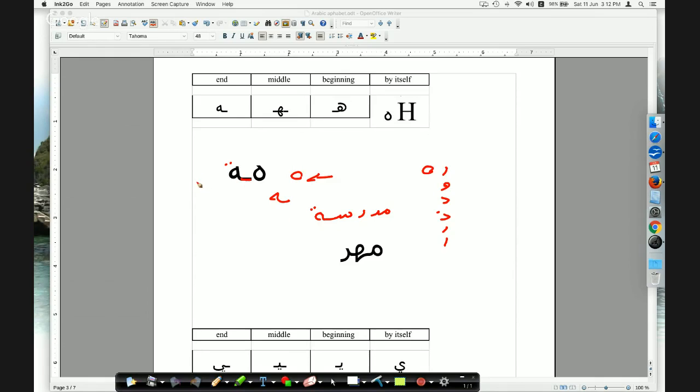Secondly, the sound. Look what I said. If I say mitraqa, this is ta, and this is qa. It is right here. Mitraqa.